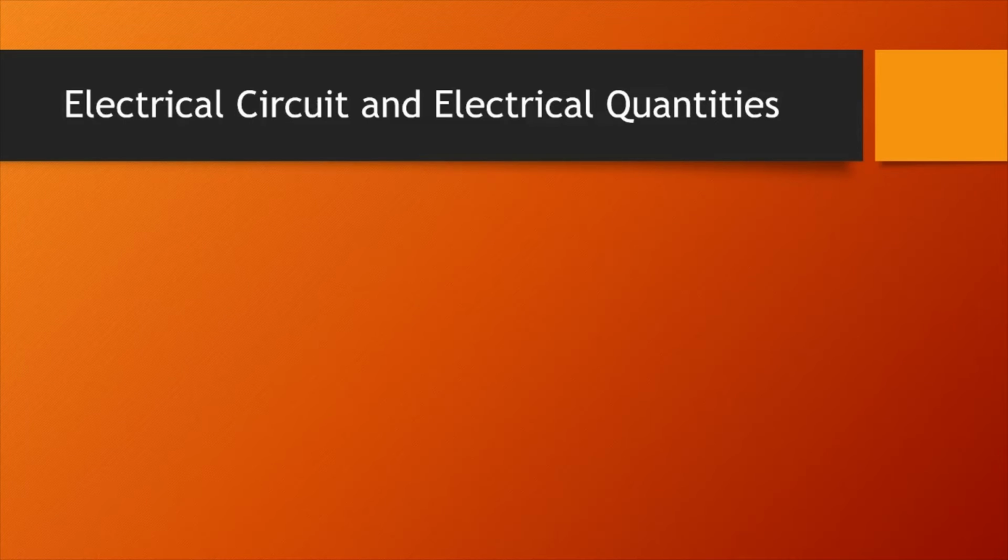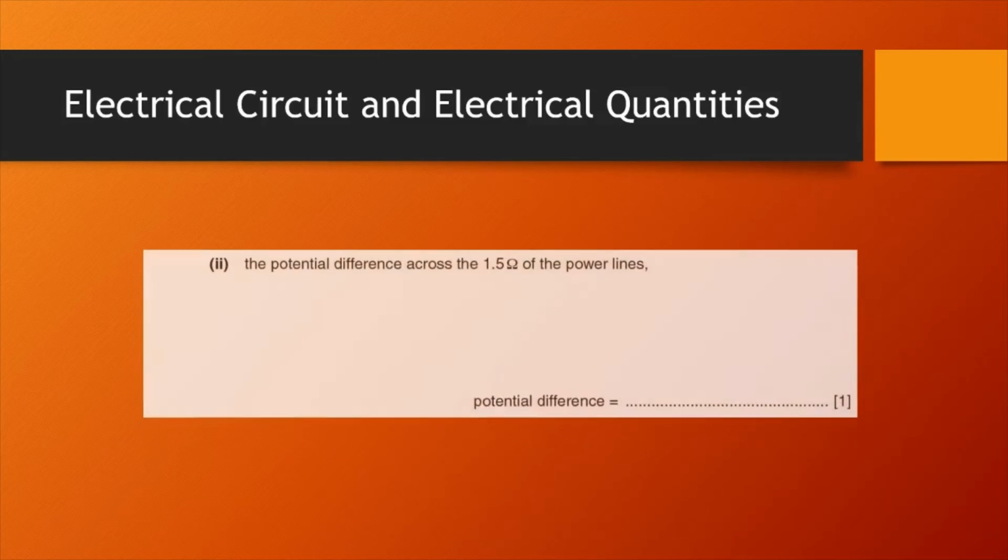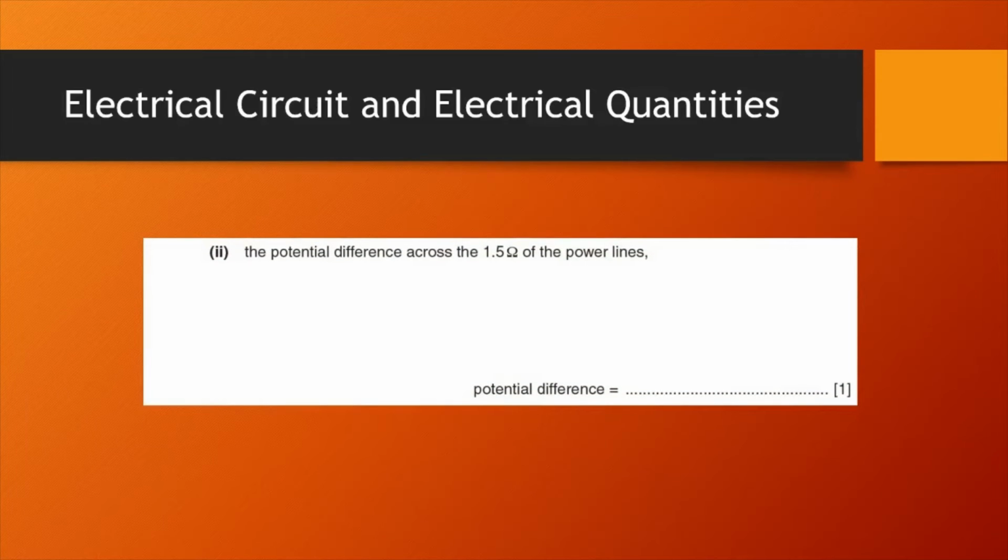Question 8b, II. The potential difference across the 1.5 ohm of the power lines. To calculate the potential difference, we use the formula V equals I times R. V is the potential difference, I is the current, and R is the resistance.